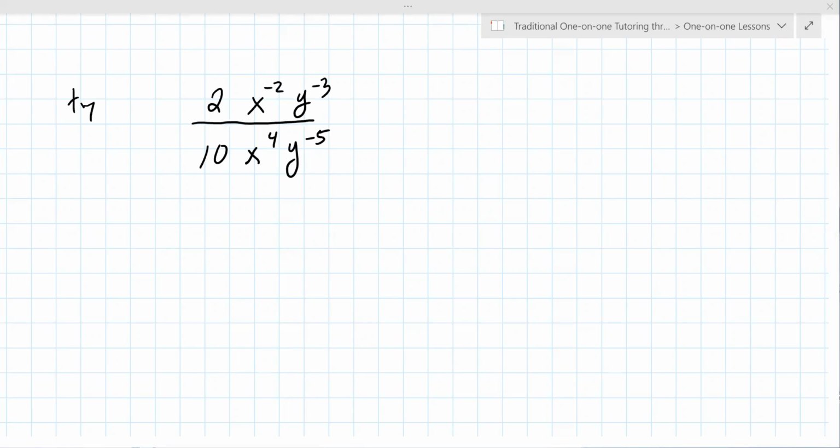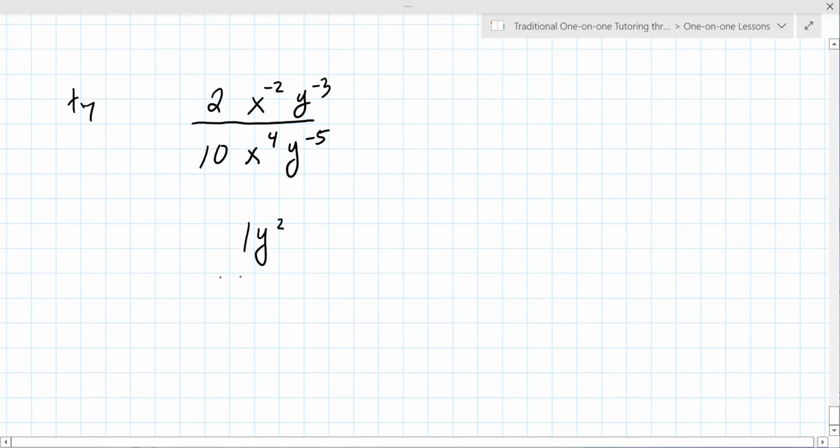Okay. I got 1 for the numerator, and then y to the power of 2. Good. And then in the denominator, I got 5, and then x to the power of 6. Good, really good. Cool. All right.